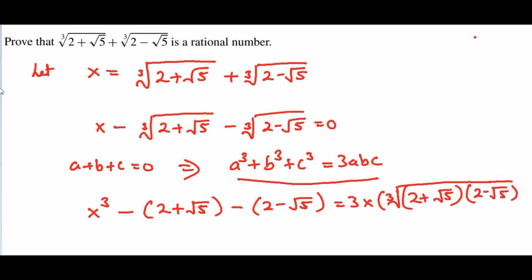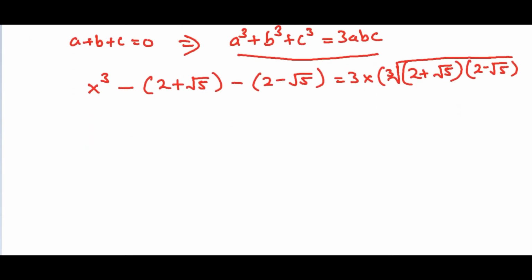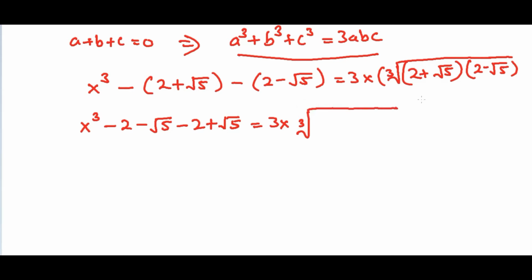Further, let's simplify. It's going to be negative 2 and negative root 5, negative 2 but positive root 5, and this thing 3x and the cube root of, here we can use the a plus b, a minus b formula, and we are going to get 4 minus 5.